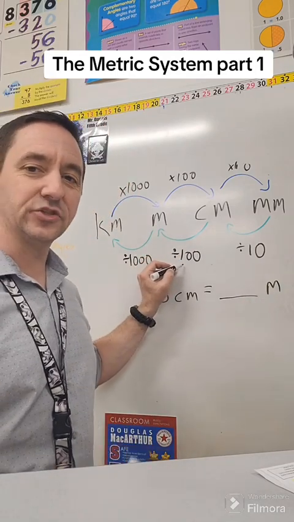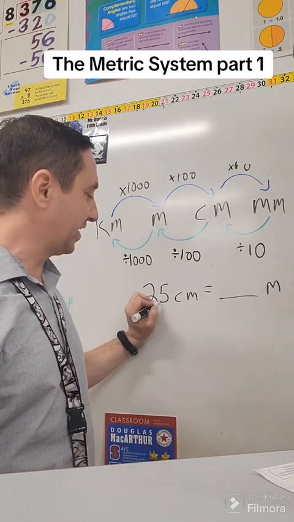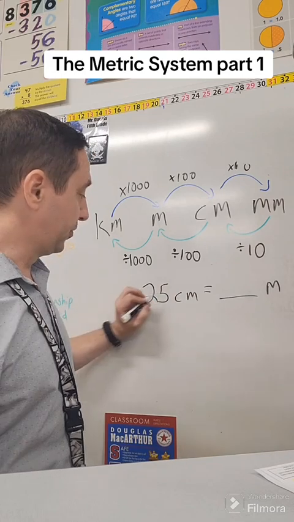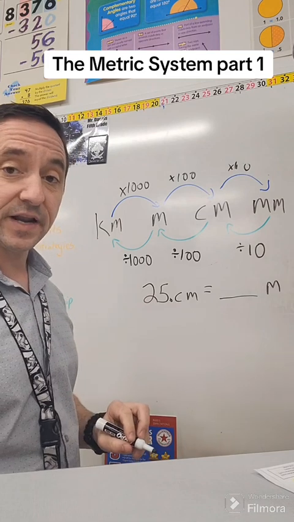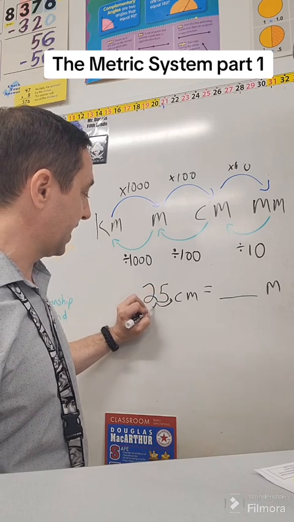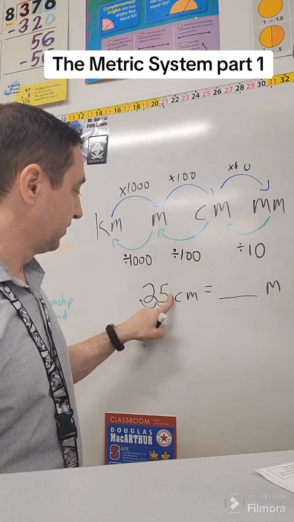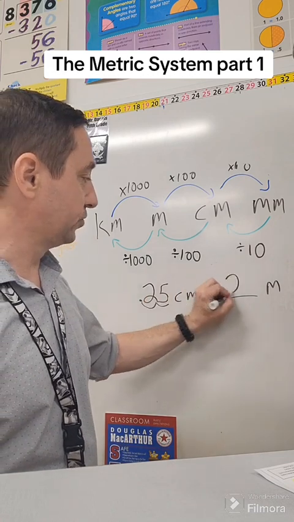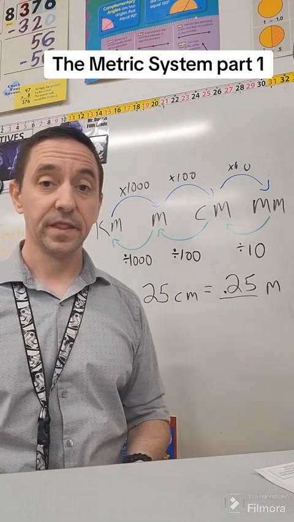Knowing my base 10 strategies, I know that dividing by 100 really shifts the place value of my number. So I take my decimal point that I know is there, I draw it in, and I just bounce it back two place values, 1, 2. Put it here. Now I know that it is equal to 25 hundredths just by bouncing it back.